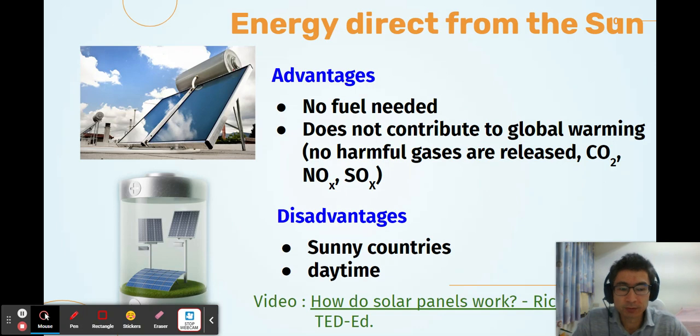So even though there is sunlight, it's not powerful enough to knock out the electrons in the solar panel. It's understandable, and they run only in the daytime. The solar panels will not produce electricity during nighttime.